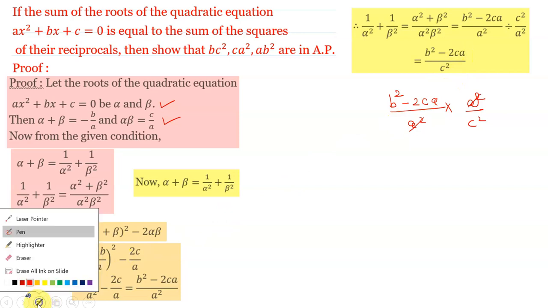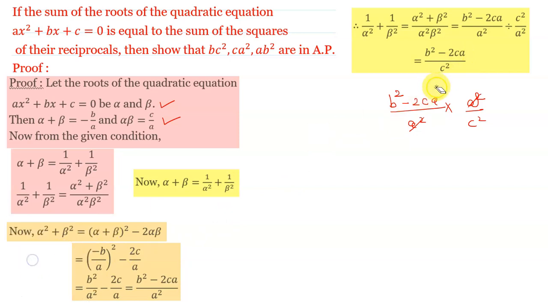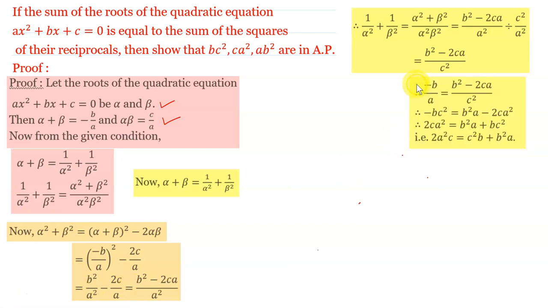Okay. And hence we get the term. Okay. Now next. Therefore, here we have minus b upon a, that is the sum of the roots.